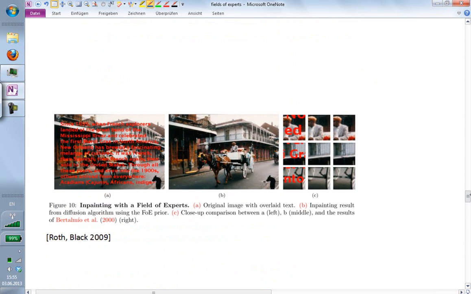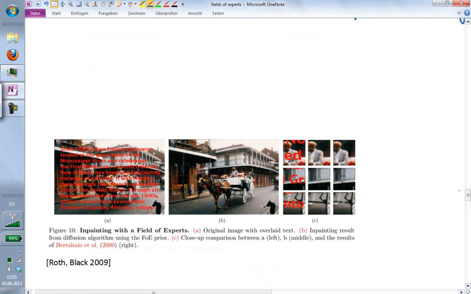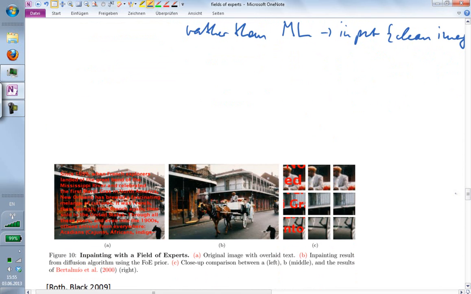Okay. Now I want to mention another application where these models perform very well. This is a picture taken from the Roth and Black paper. One application that we've seen was just denoising. Another application is in-painting.